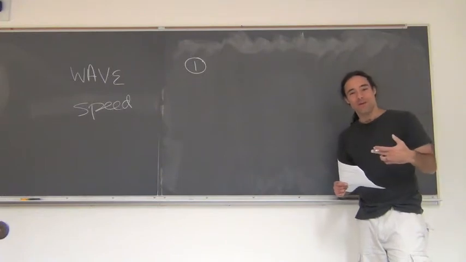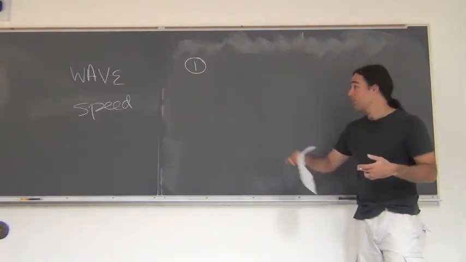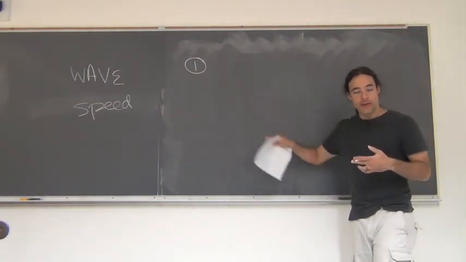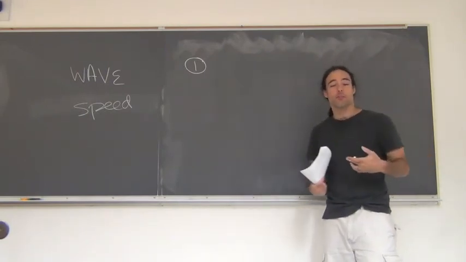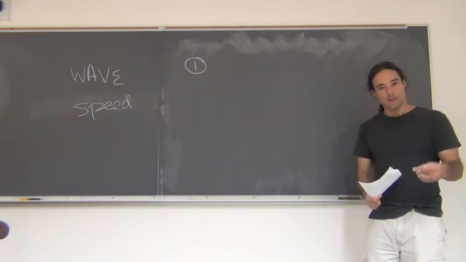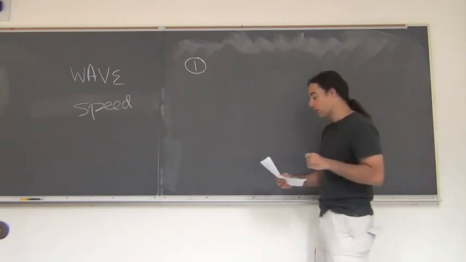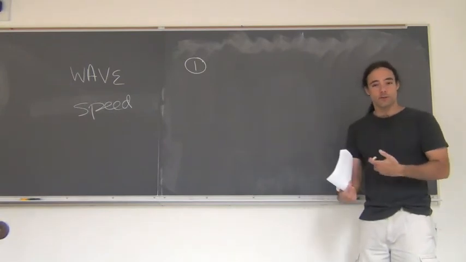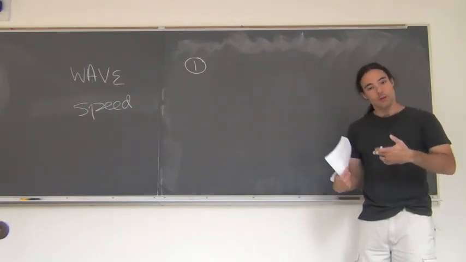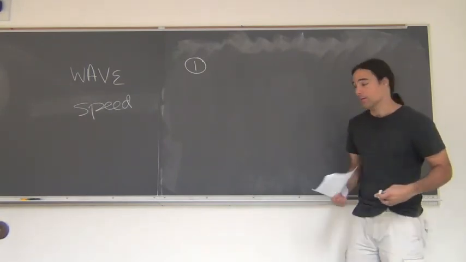What are the physical properties that wave speed depends on? Well, we might surmise that since a wave needs a medium, then it's going to depend on some properties of the medium. And that's correct. The first thing it's going to depend on is some property of the medium: how difficult is it to move that medium in the first place? So let's take the example of a string.